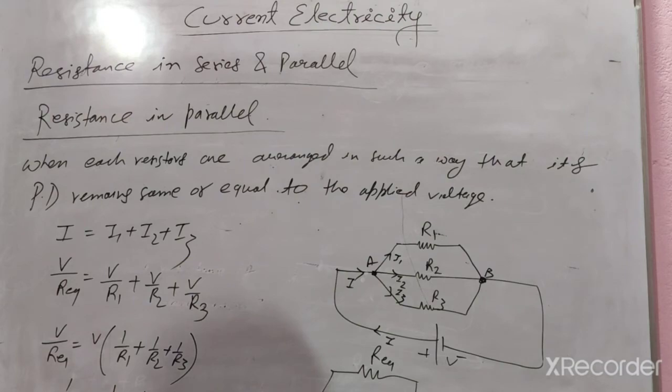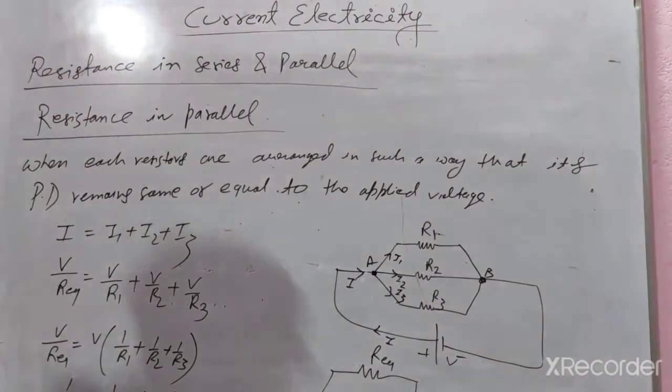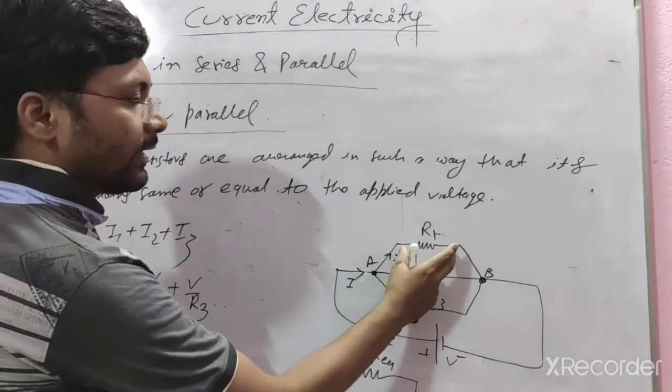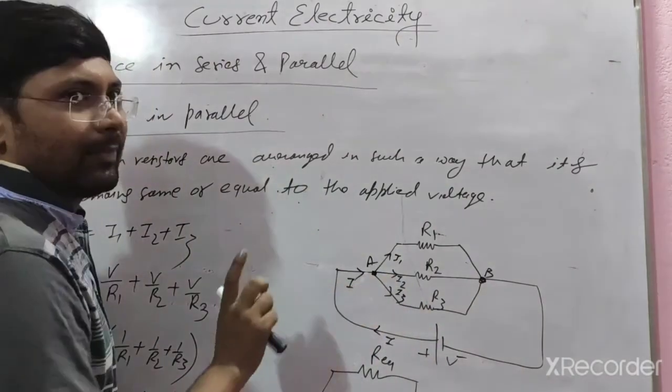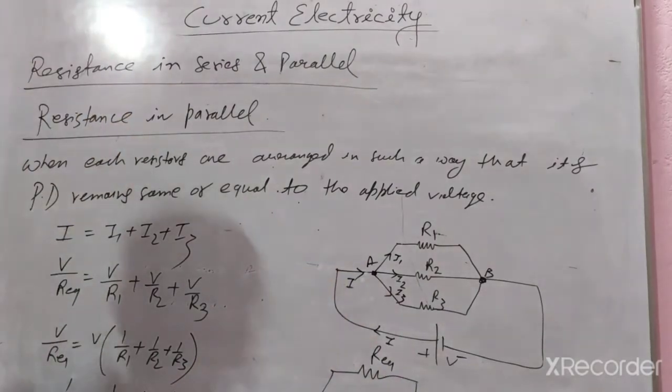Now students, what are you observing in case of parallel combination? In parallel combination, current gets distributed. So the current in an individual resistor is less than the supplied current. Voltage remains the same, and equivalent resistance is less than each resistor, because 1 by Req equals 1 by R1 plus 1 by R2 plus 1 by R3.